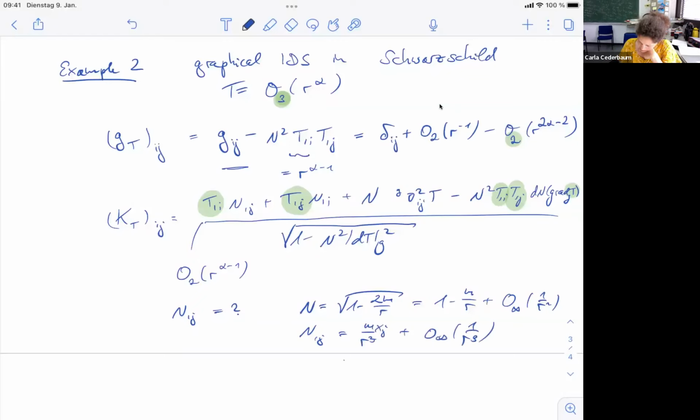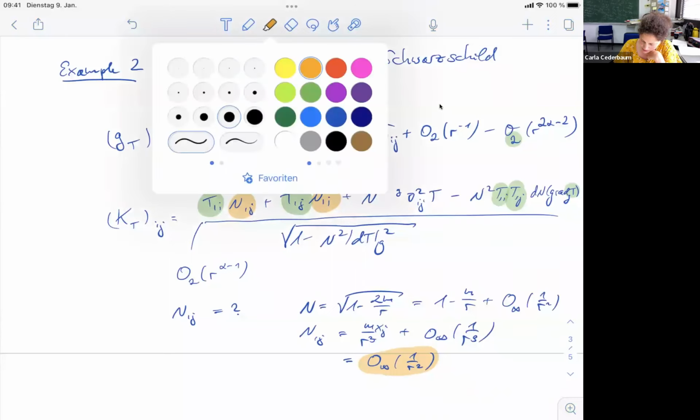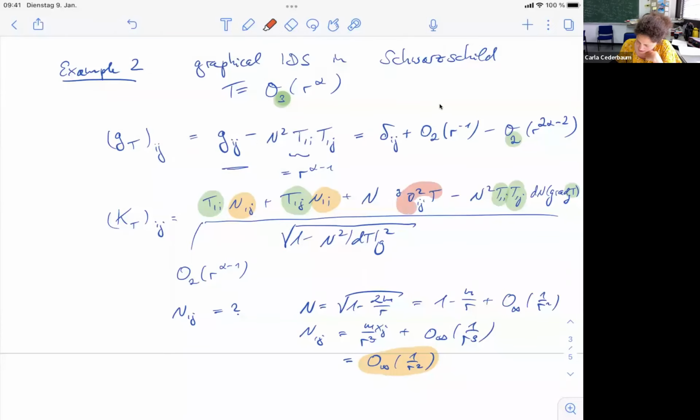And so in particular, this is just O infinity of 1 on r squared. So then that means that this term here and this term here, they're actually this good. And n we already analyzed, and so the term I still need to analyze is this Hessian and also this grad g here.